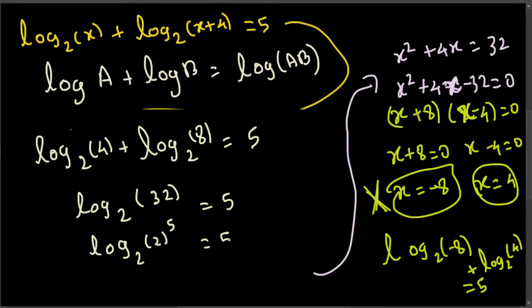When the base number and this number are equal, we can cancel this, and this 5 comes to the front. So we are going to have 5 multiplied by log 2 of 2, and if the base 2 and this are the same, that's 1. So 5 times 1 is 5. Therefore this satisfies the equation. So x is equal to 4 is our final answer.